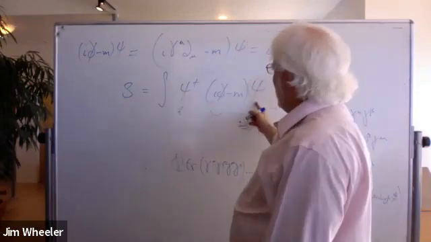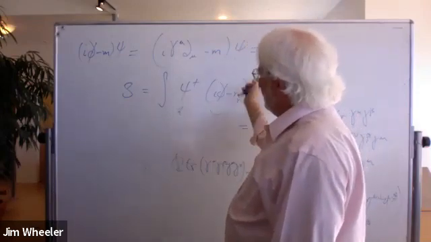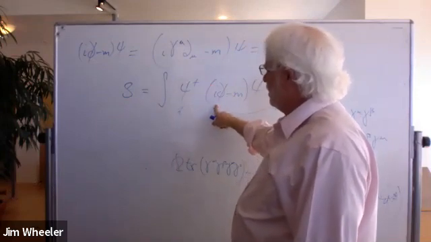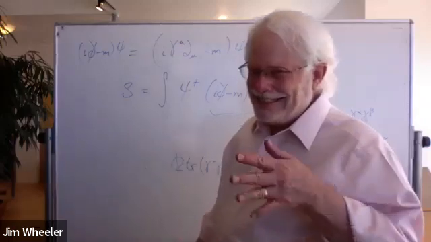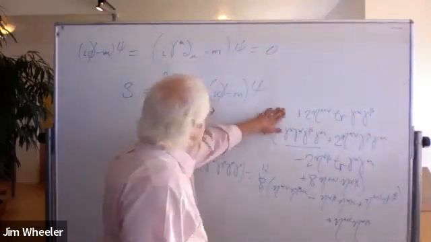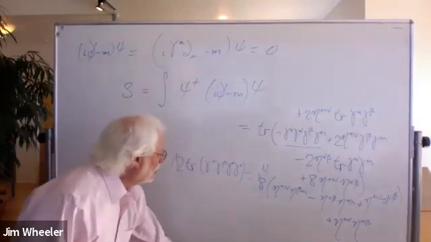If I vary psi, then I integrate by parts on this term, and that looks pretty good, but there's one thing wrong here. The problem is this Lagrangian is not real.